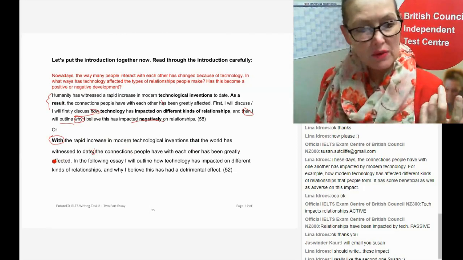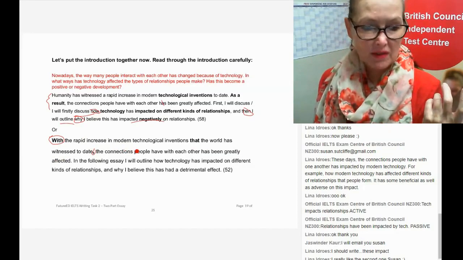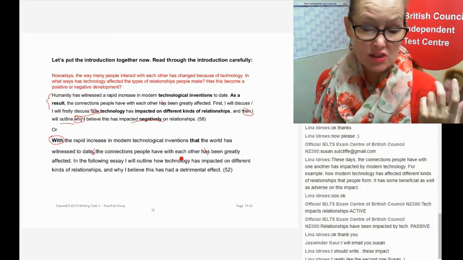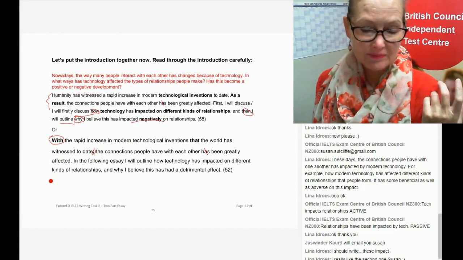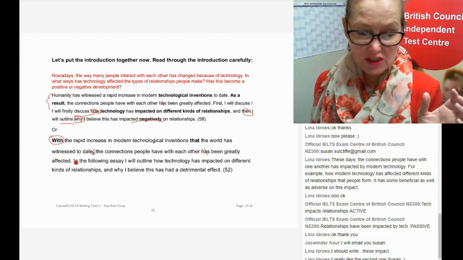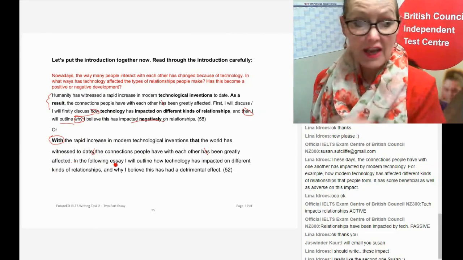But I've done it the other way around. Let's have a look. This little word with changes my sentence structure completely. And this gives me a more complex structure, if you can get it accurate.